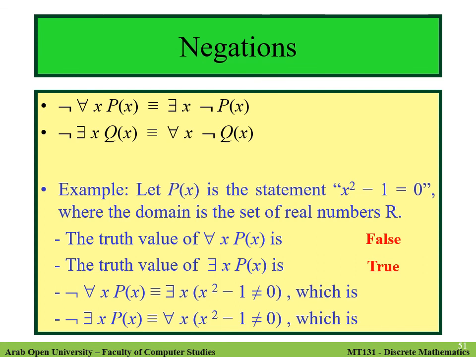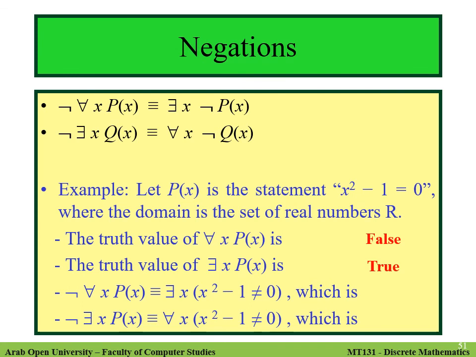Now, what about the negation of these statements? The negation of the first statement: since this statement is false, you should expect the negation to be true. The negation of for all x, P of x is equivalent to there exists an x such that P of x is not true. This means x squared minus 1 does not equal 0.